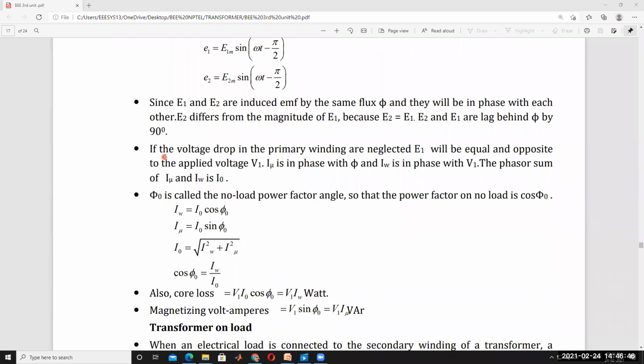Then, if the voltage drop in the primary winding is neglected, E1 will be equal and opposite to the supply voltage V1. You know well, E1 is exactly opposite to V1 from the vector diagram. And Iμ is in phase with φ, and Iw in phase with V1.